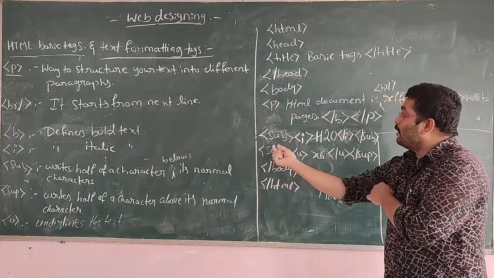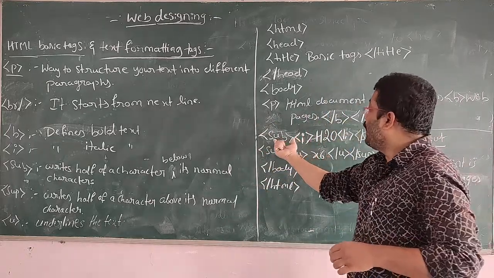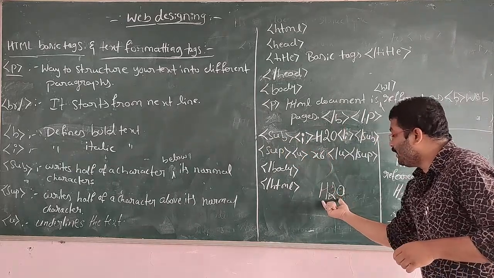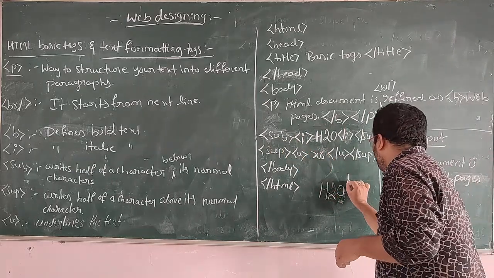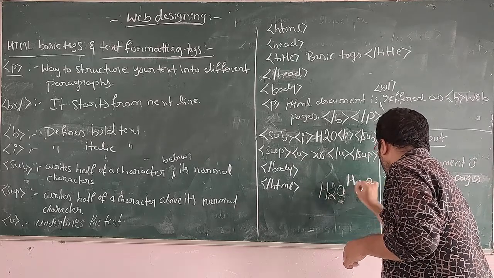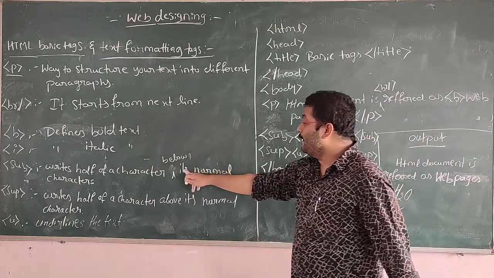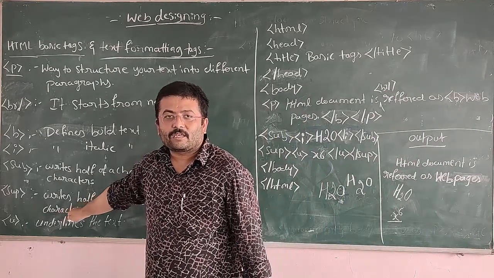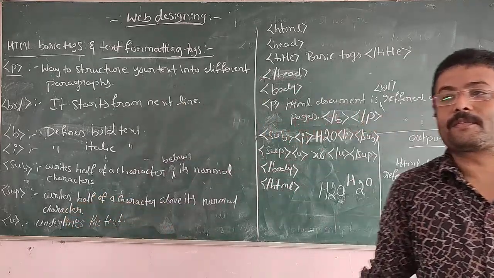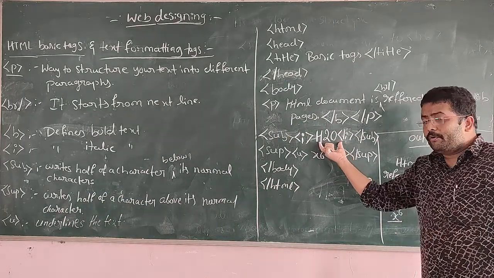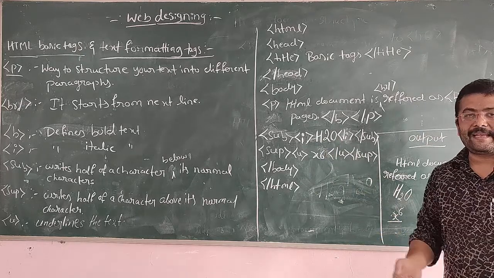So when the control understands that subscript tag, it will be written in the form of H2O. So this is the character below its normal character. So that is called the subscript tag. And H2O will be written in italic style.